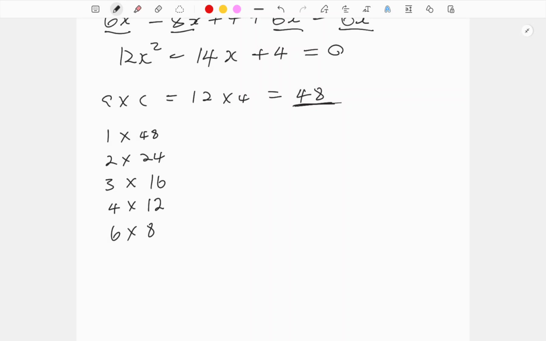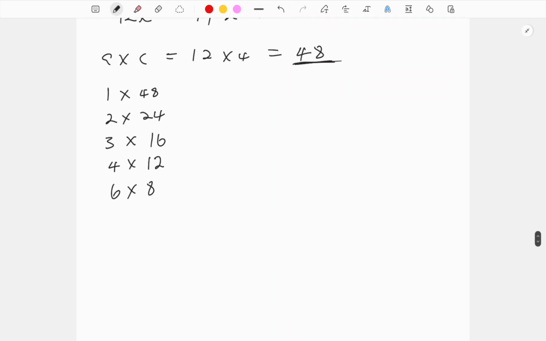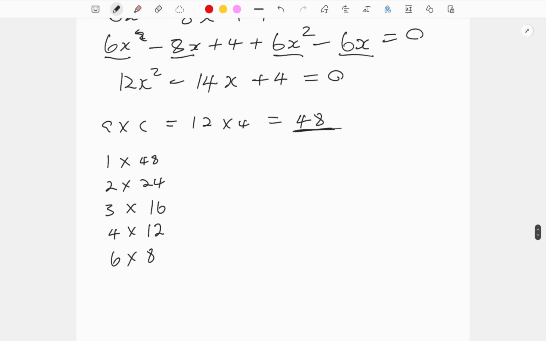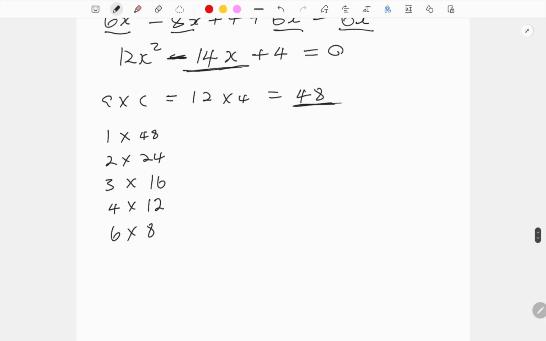So on these products, we have to choose the one that is suitable for us, so that when we add or subtract them, they give you the middle term here. And let us not forget the sign, which is minus 14x. It's 1 and 48, it can't go. 2 and 24, it can't be. 3 and 16, almost.